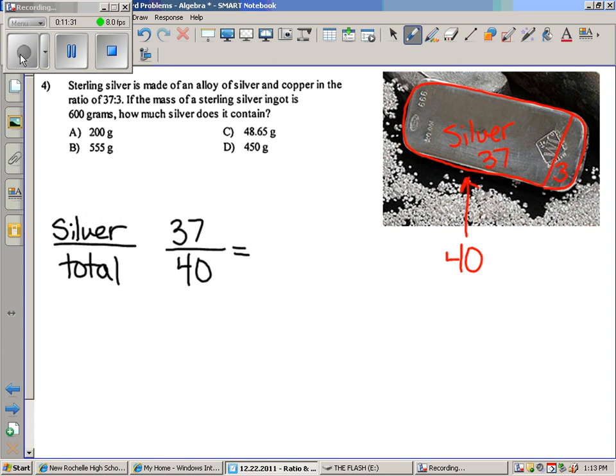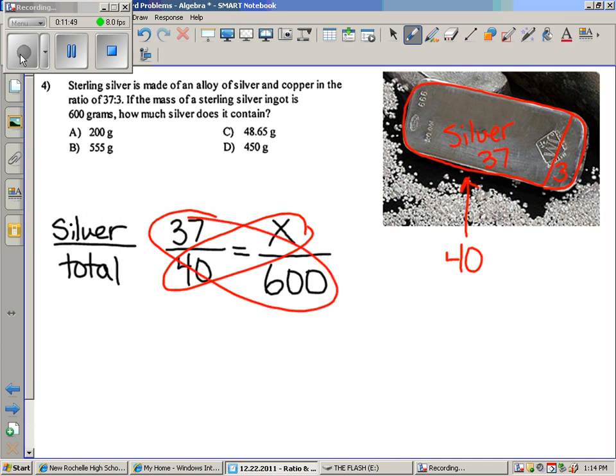What would we have on this side? What's on the bottom? What's the total big bar? 600. That's a huge bar. I can't even imagine what that's worth. And what's on top? Because we're trying to figure out how much silver is in it. And then what do we do? Good. 40x equals, how much is that?